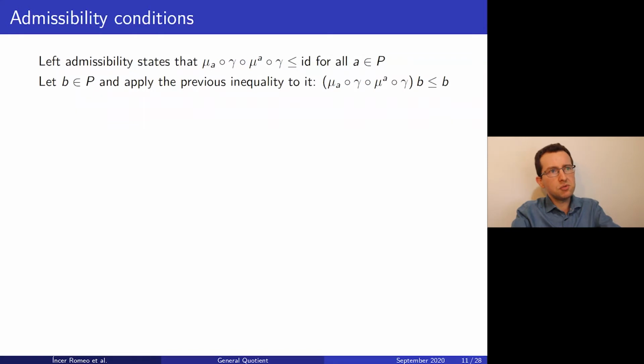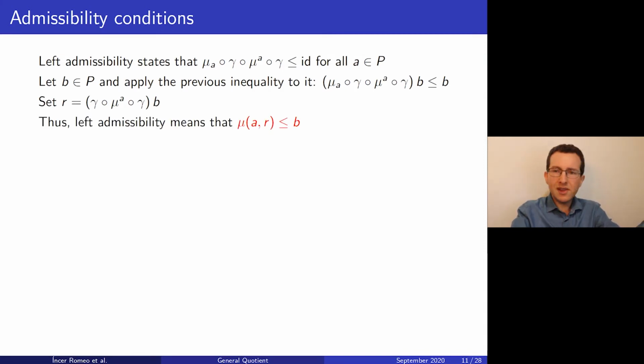Now we are going to focus on the left-hand side of that expression. Let's take the last three functions applied to B, and call that R. So R is equal to gamma composed with mu superscript A composed with gamma, applied to B. What left admissibility means is that if you multiply A times R, that is less than or equal to B.